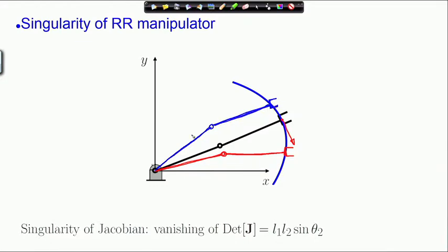You can move from the blue configuration through the black configuration to the red configuration. There is another possibility that when you go past the singular point, you can move to a configuration like this.